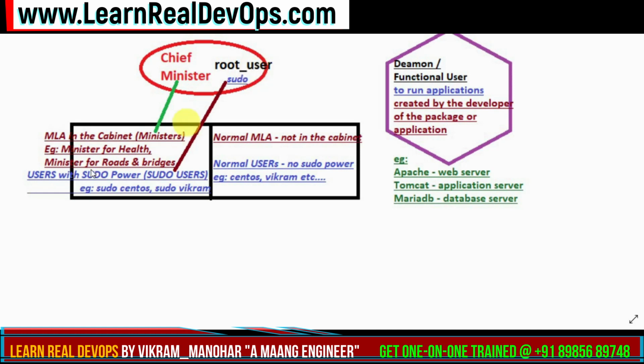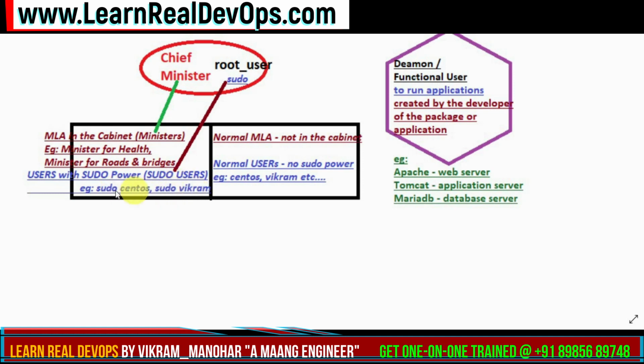Now suppose you want to give a CentOS user sudo power, sudo meaning root level power, or give the Vikram user sudo power, the power called sudo can be allotted or activated for these users.